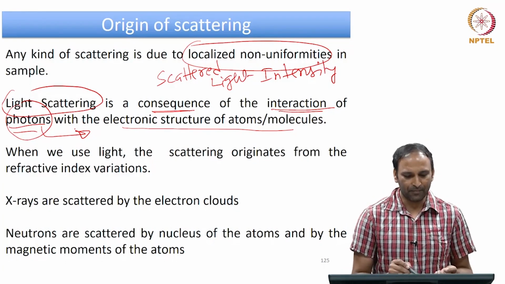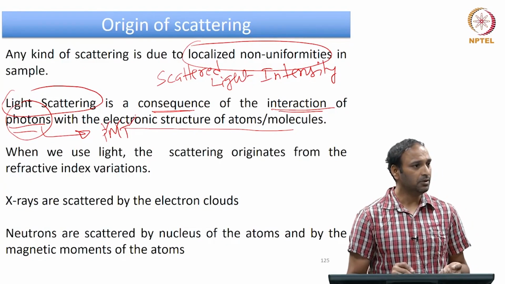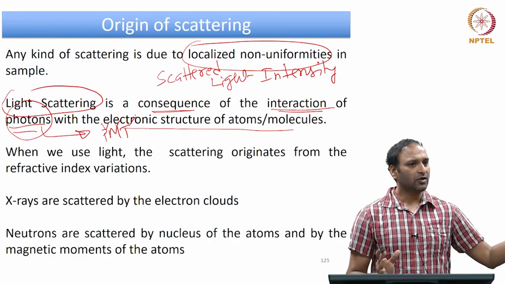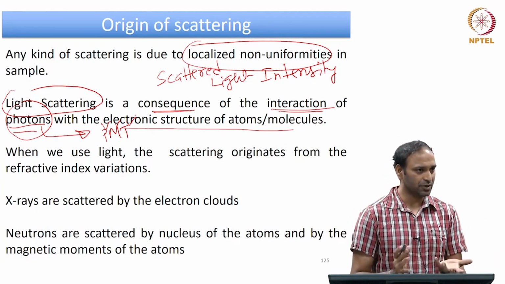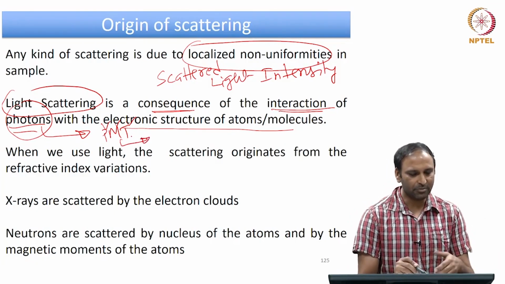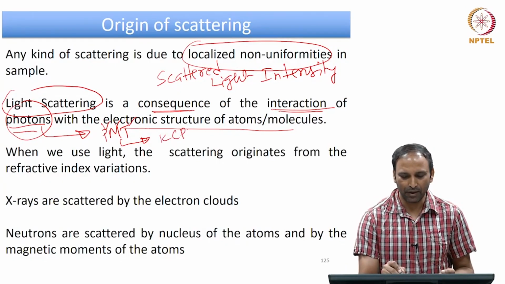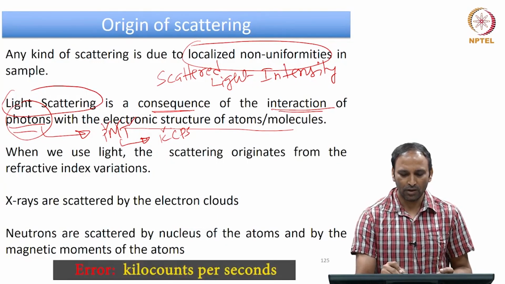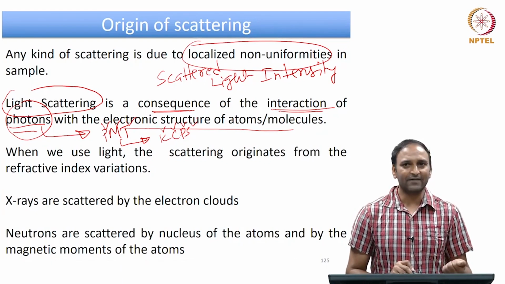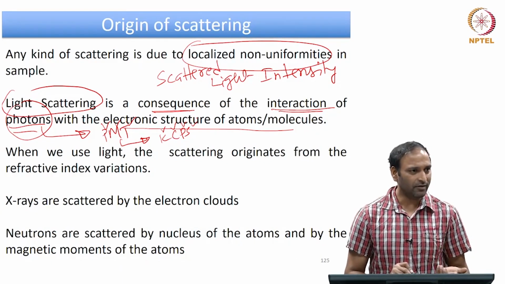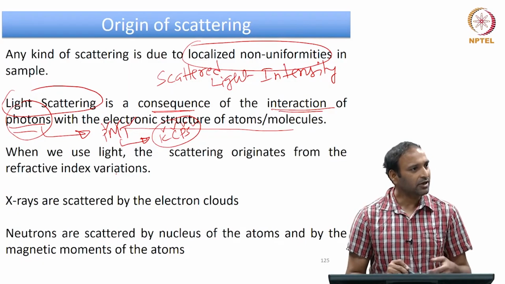Typically people use a PMT, a photo multiplier tube, in which you basically collect the number of photons that fall onto the device, and typically the intensity is expressed in KCPS, kilocycles per second. Depending upon the kind of scattering unit that you have, the photon count that you measure varies.